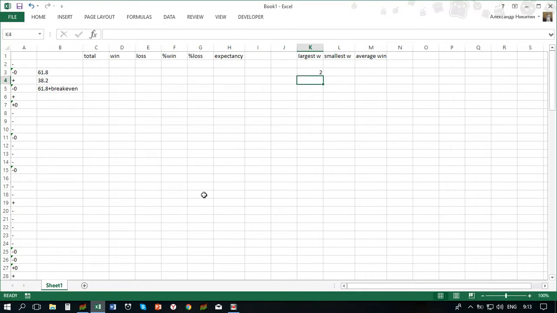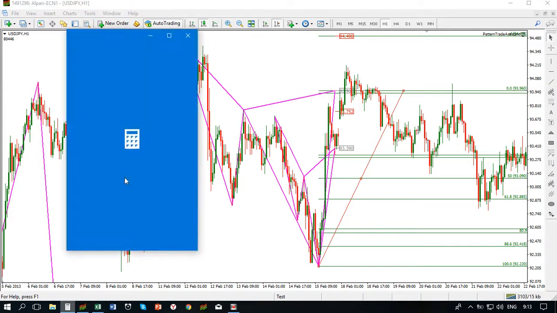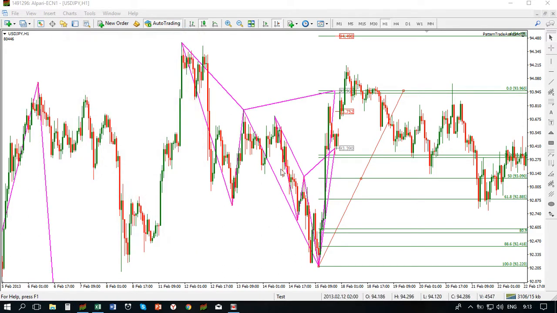Okay, what is the largest win towards the 382 level? We measure that as 66.1 and this 54.0. 66.1 divided by 54.0 should be somewhere around 1.23, 1.224, but it should be 1.23.